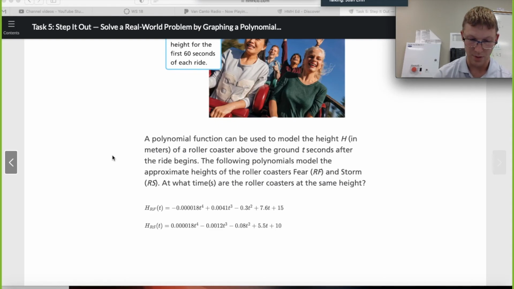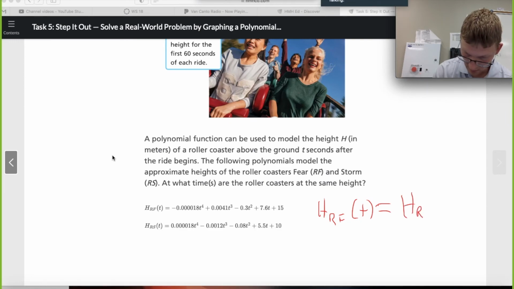And once we solve for that, then the t, whatever that equals, is when they're at the same height. So what you could think about, and this is the way I thought about it, is if we have HRF, roller coaster Fear, as a function of t, they're going to be at the same height when they are equal to each other, right? So we can't really deal with something like that right now, but we can subtract both sides by one.